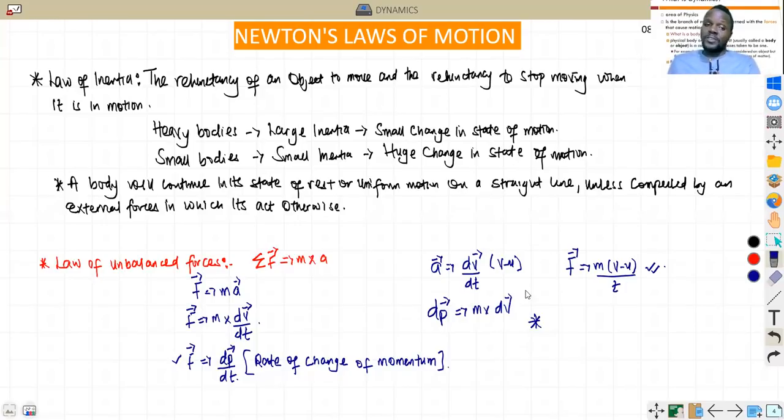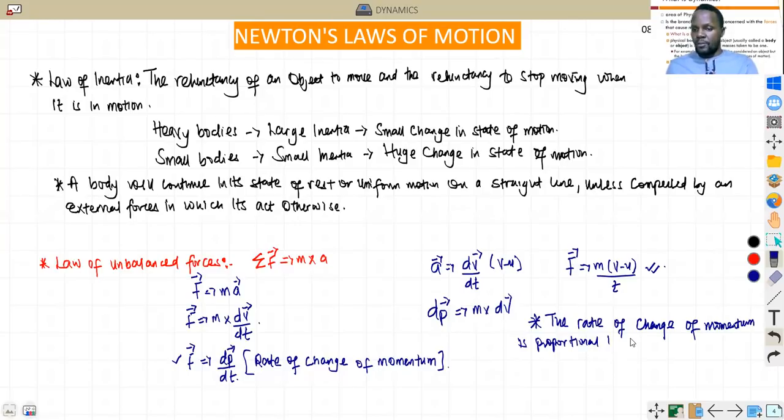The rate of change of momentum is directly proportional to the applied force, provided the force is acting in the direction of motion.